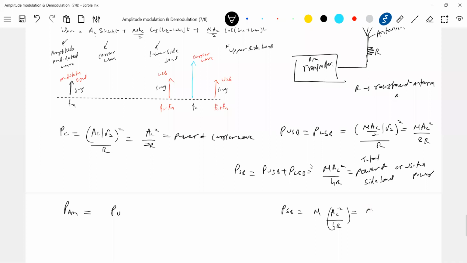Mu square PC by 2. Okay, I'm missing the square term. Mu square.